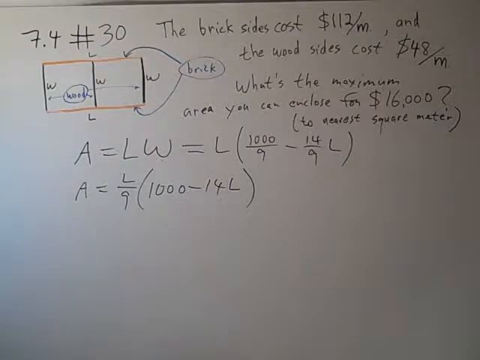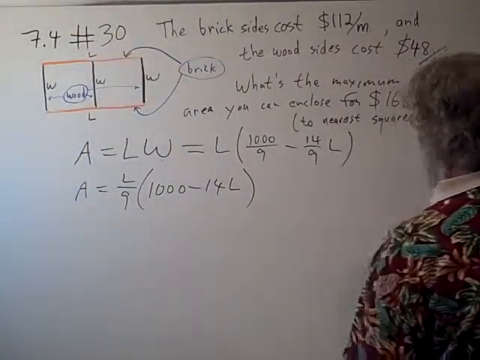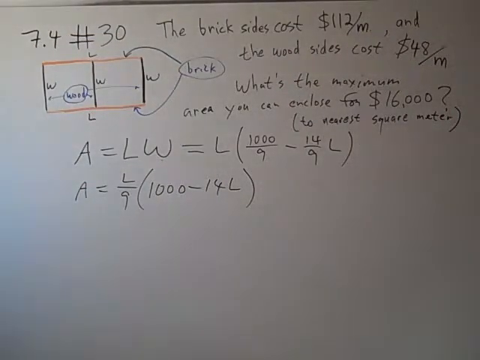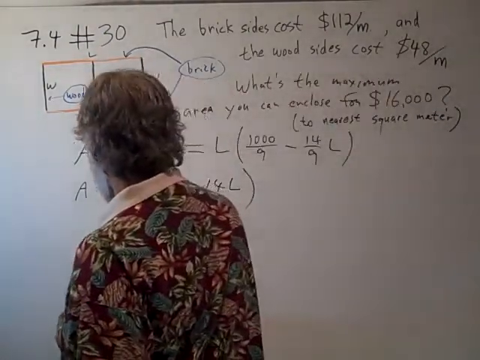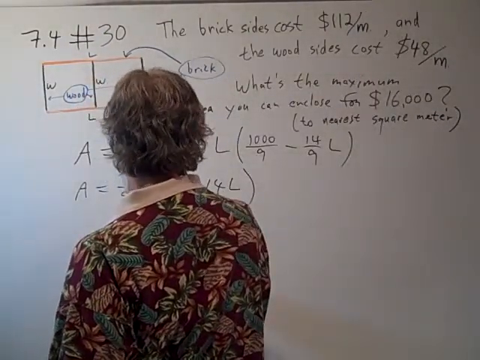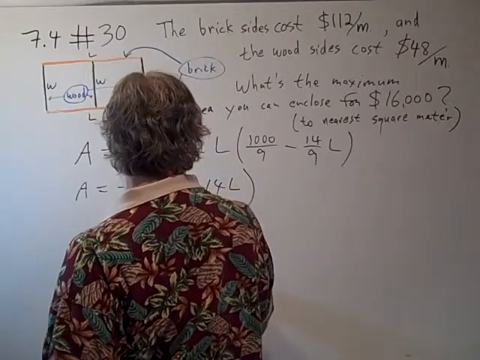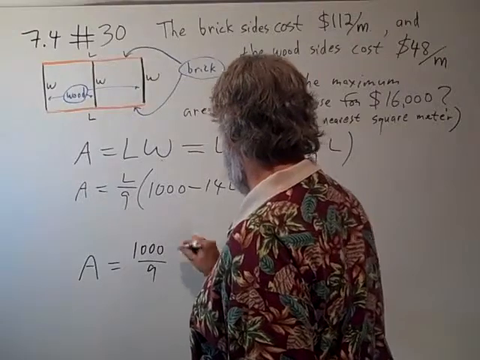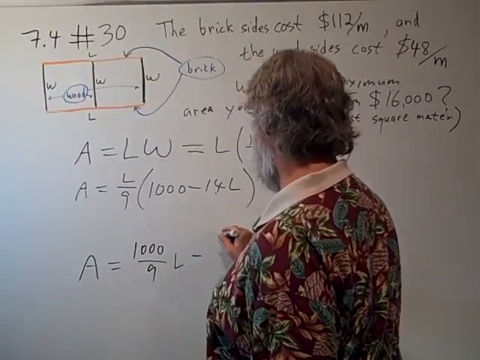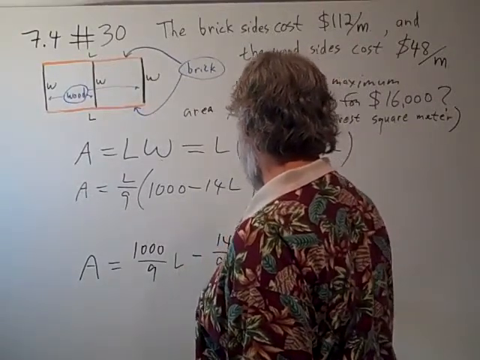Anyway, this is a parabola, and actually let's distribute it. We know that the area is equal to 1,000 divided by 9 times L minus 14 divided by 9 times L squared.